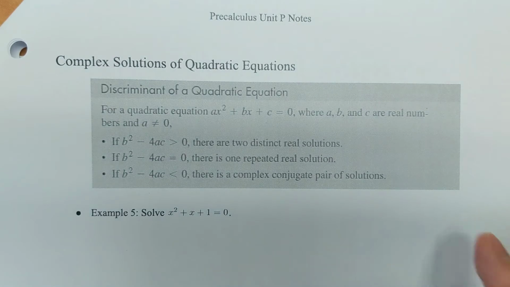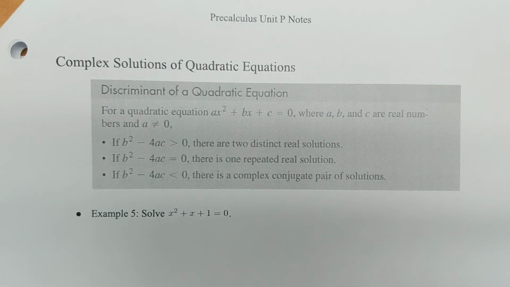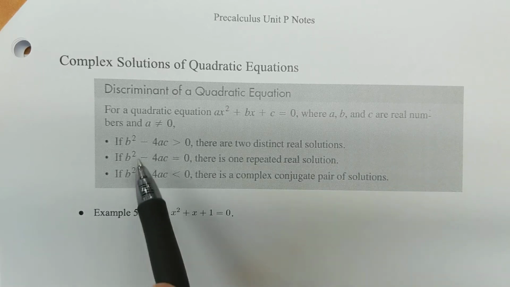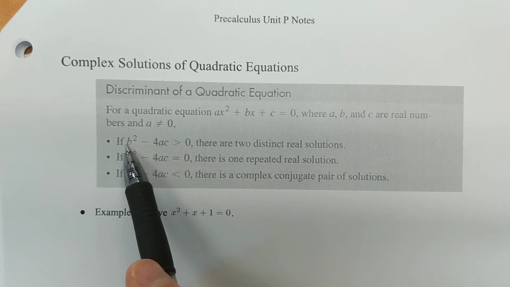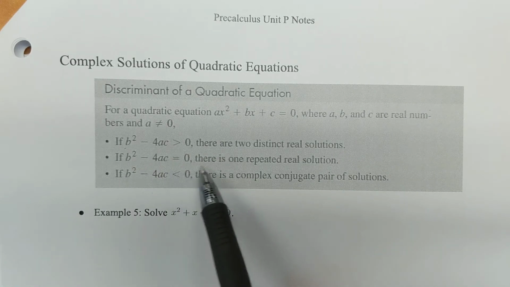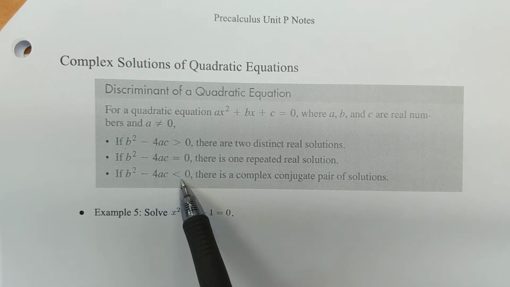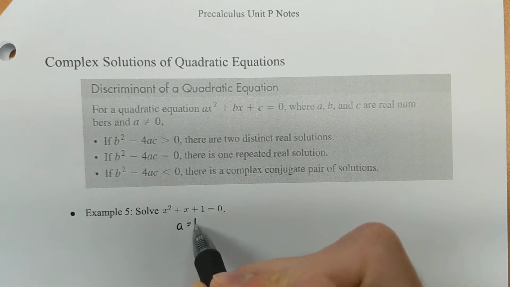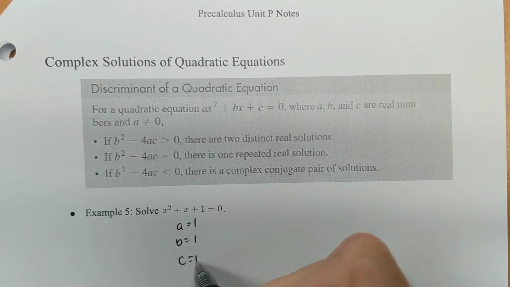Okay. So example 5 over here, we've got complex solutions to the quadratic. Three different things can happen when you use the quadratic formula. If the stuff underneath the root, referred to as the discriminant, is greater than 0, you'll get 2 separate solutions. If it's equal to 0, you get 1 solution, and if it's less than 0, you get a complex solution. So we'll try it on this one. a is 1, b is 1, c is 1.